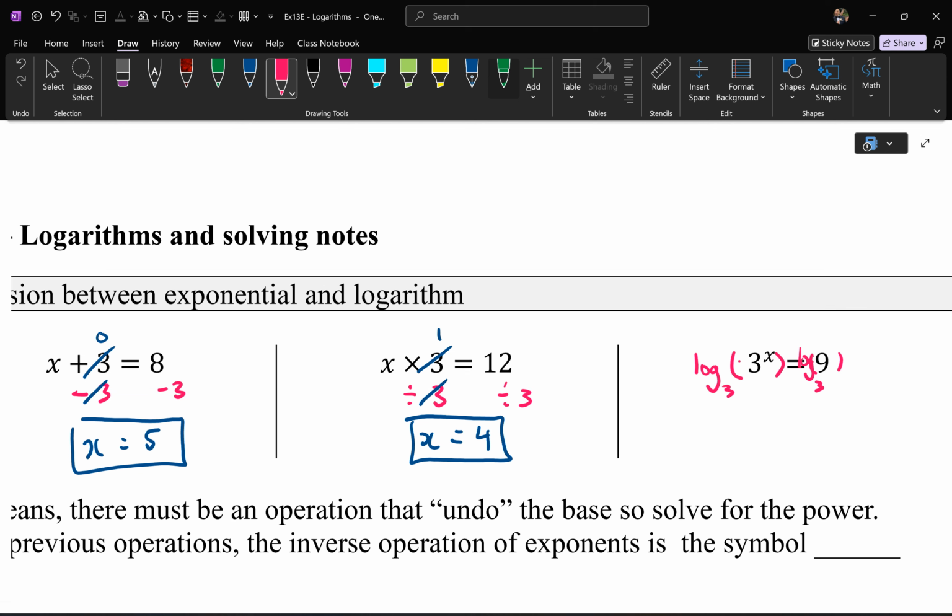Whatever you do to one side, you do to the other. So you can see I'm keeping it all the same. Whatever you do to one side, you do to the other. And we know that log base 3 of exponential base 3, they're inverses of each other. And that gives you x left over is equal to log base 3 of 9.